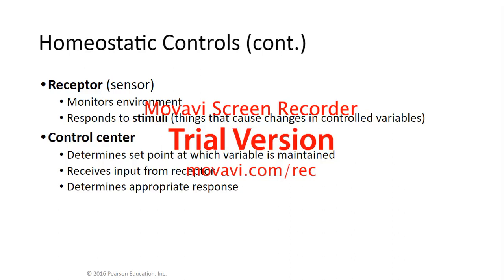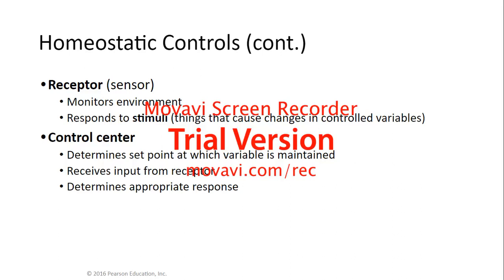Then the effector receives the output from the control center. A lot of times it's going out to an organ, a gland, or a muscle. So the effector could be different things, but it receives that output from the control center and then responds.